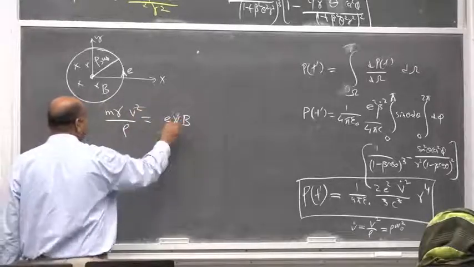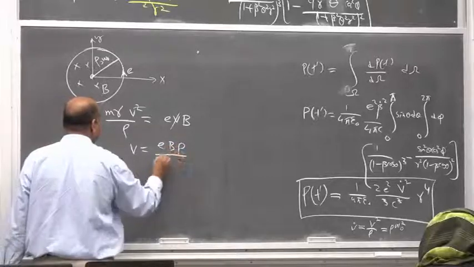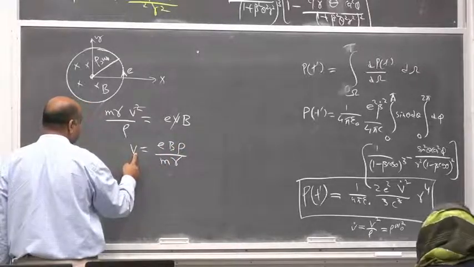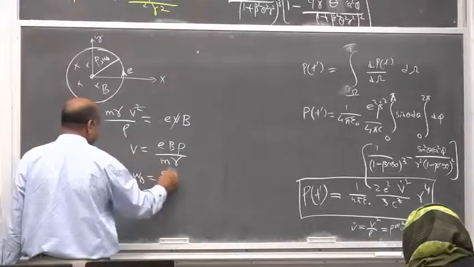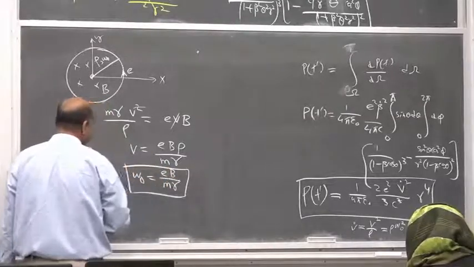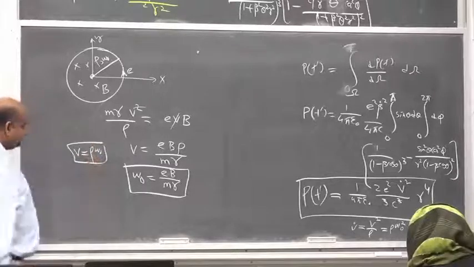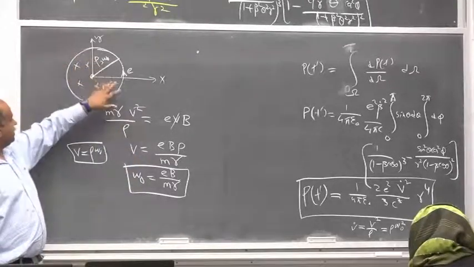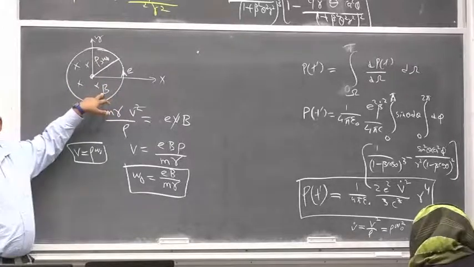So v would be eB rho over m gamma, or if you want to solve it in terms of omega naught, then omega naught is eB over m gamma, because v is rho omega naught. So this is the angular frequency of this charged particle in a circular motion due to a magnetic field.